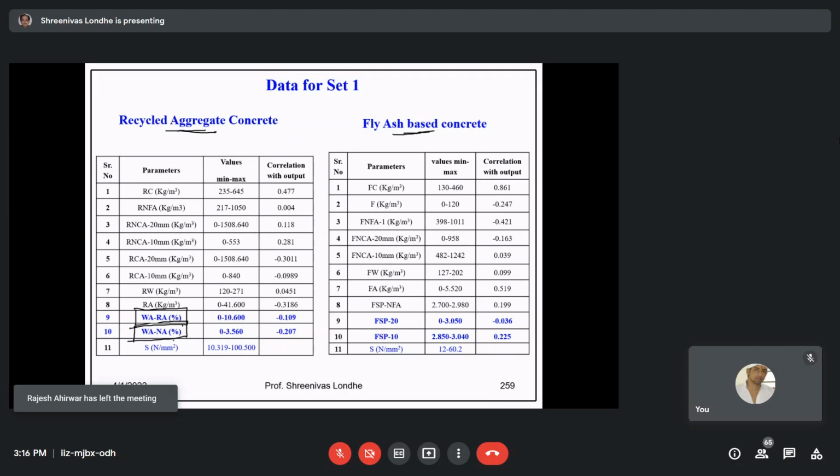These two properties were added over here. And for fly ash based concrete, the specific gravity of 20 mm aggregate and 10 mm aggregate were added, as well as specific gravity of fine aggregate. So these were the properties which were added into the respective models.